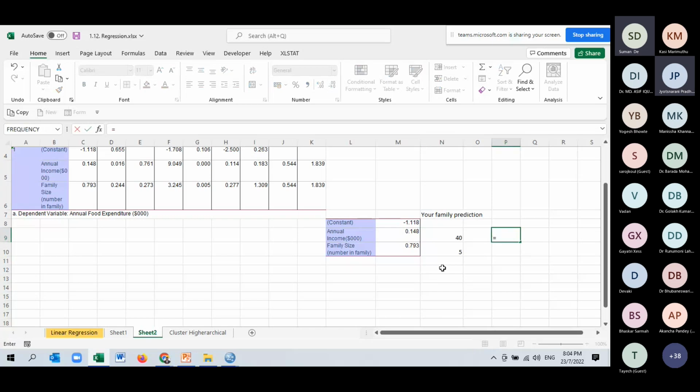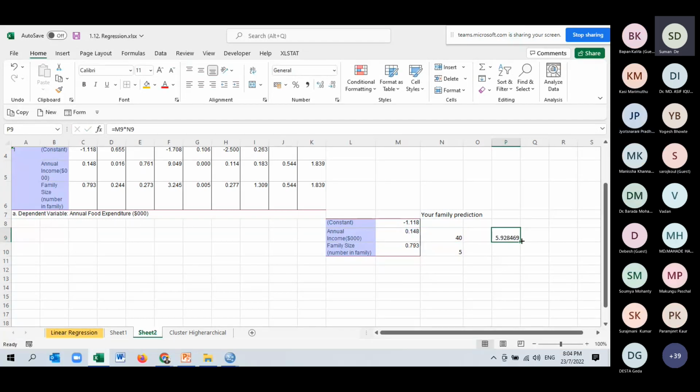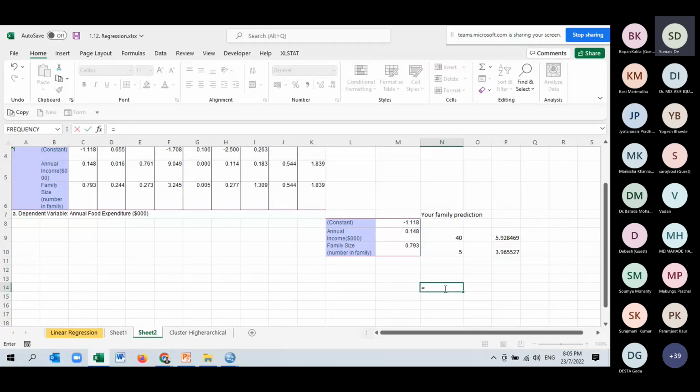First of all, we need to multiply this with this. Drag down. Now we can add the values: this value plus this value plus this value. So we come to know the expenditure of this particular family.